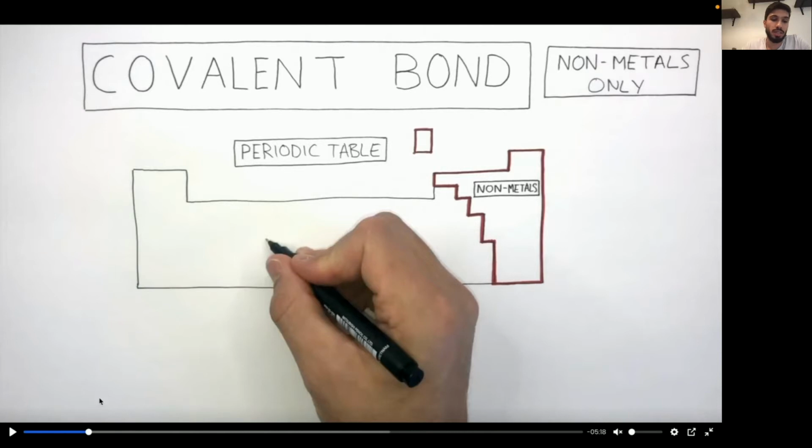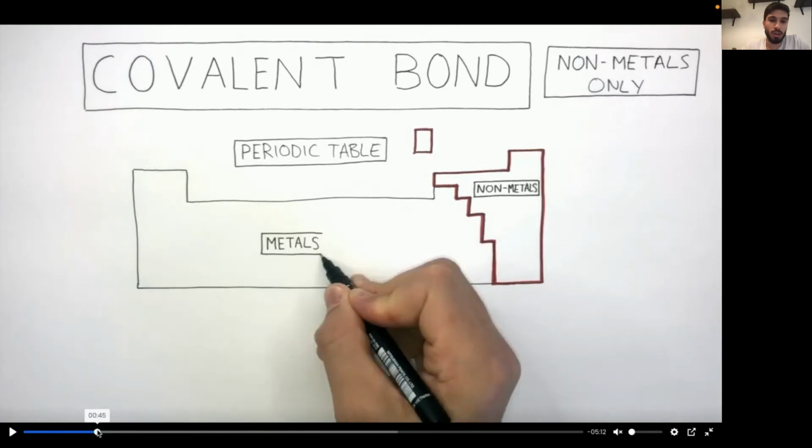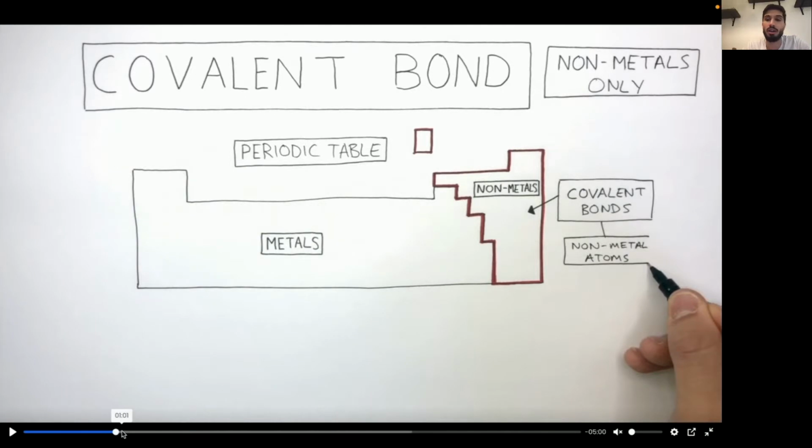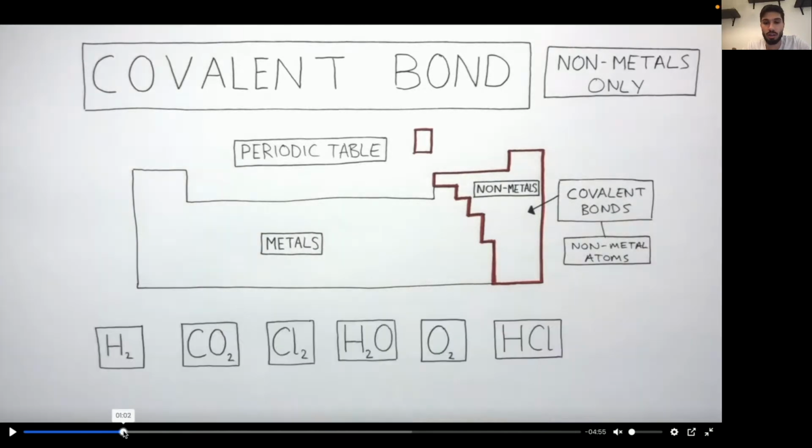So covalent bonding is always between non-metal atoms only, but you cannot define a covalent bond as a non-metal. So how do we identify substances as having covalent bonding?